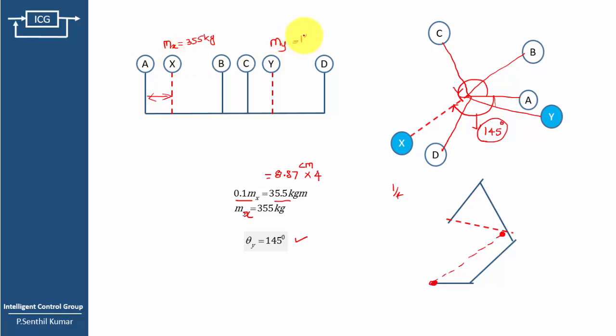Here it is 182.5 kg, whereas here 355 kg. Then the corresponding angle theta y equal to 12 degree. This angle 12 degree, whereas for theta x the angle is 145 degree. So that you have to measure from these 2 points. So this is how you can find the balancing masses on planes X and Y.